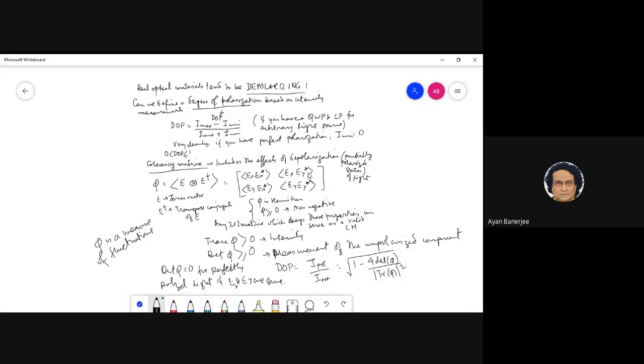You understand? This will be cos delta, this is sin delta. So when I take the determinant, you will have E_x square plus E_y square. No, it will be zero, no? See, determinant means this minus this, right? E_x square E_y square. This will be E_x square E_y square also, right?